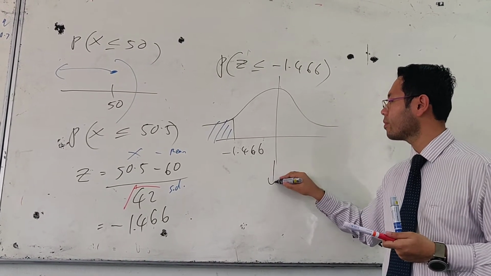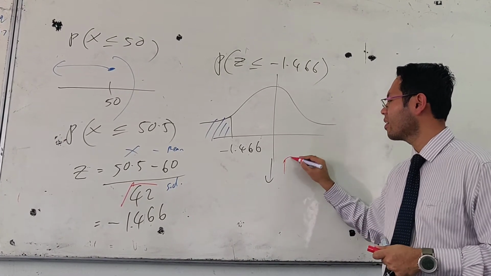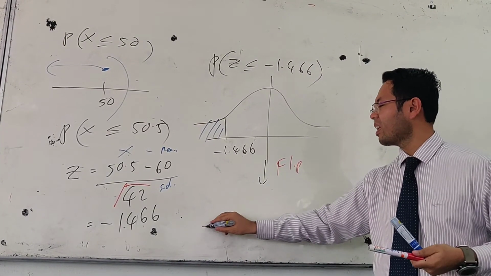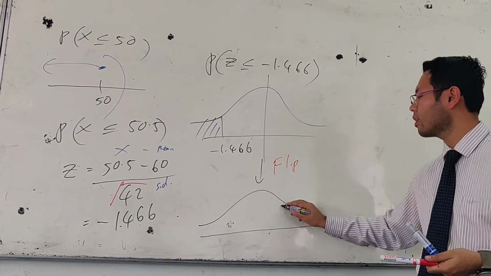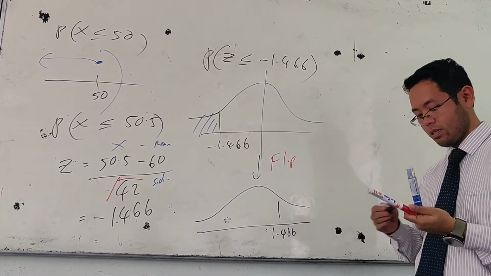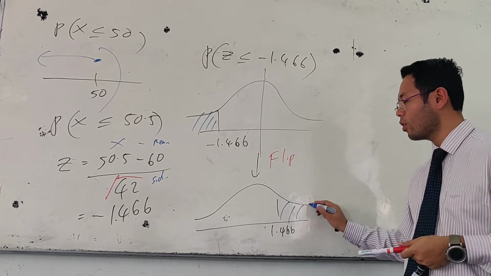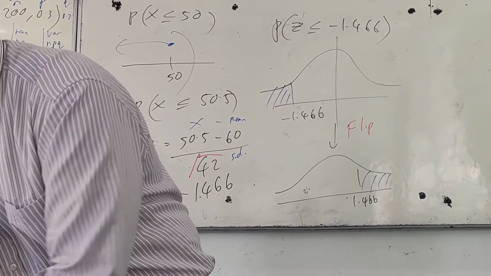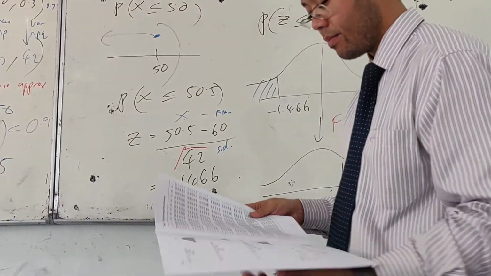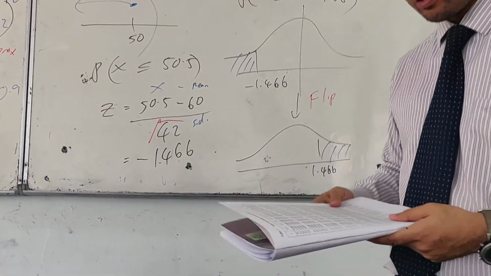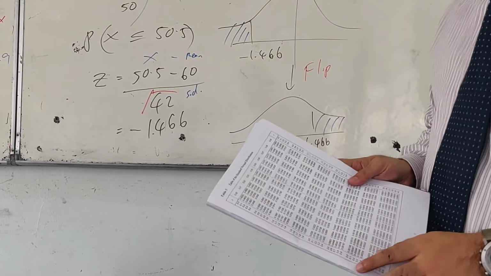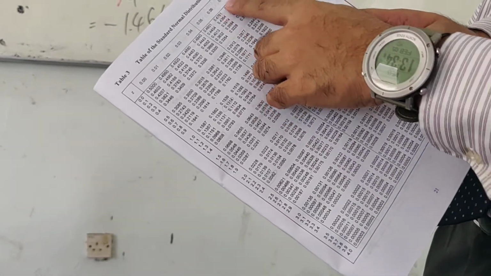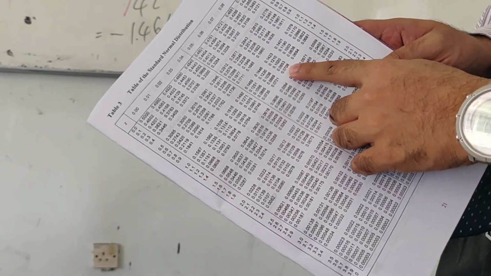Flip it. Because it's a negative area, so you flip it. So now you look inside your statistic book, the normal distribution table. 1.466, you can't really find it here, so you take 1.47. So 1.47, 0.0708.